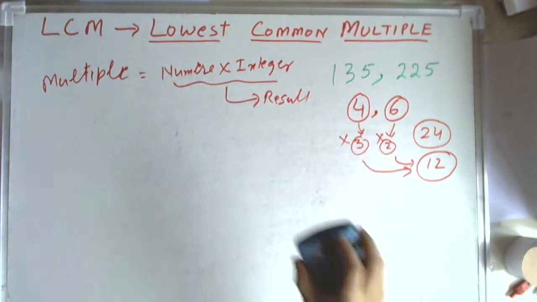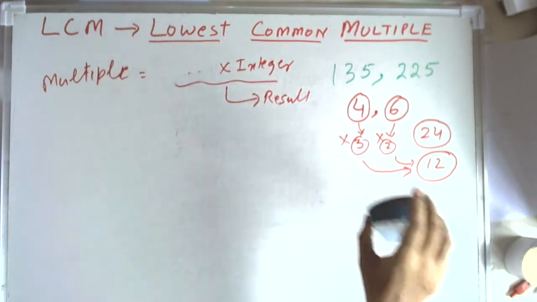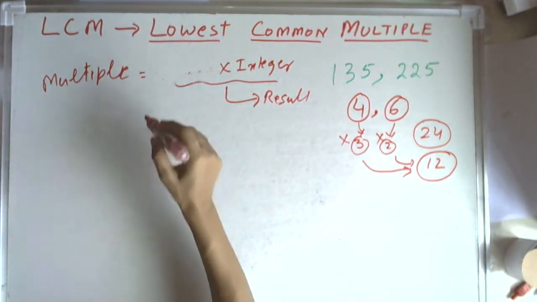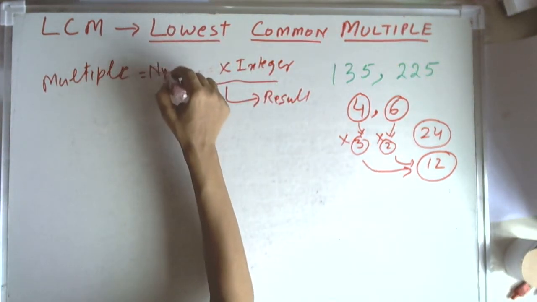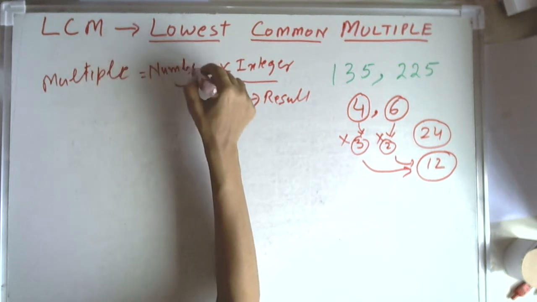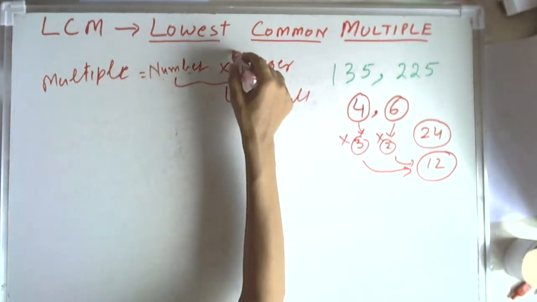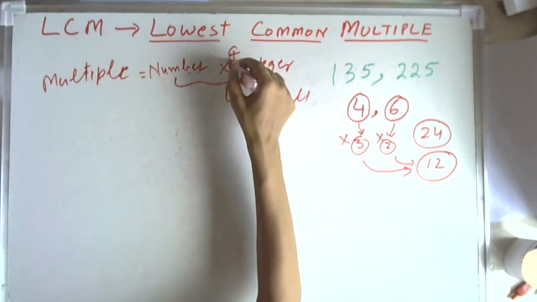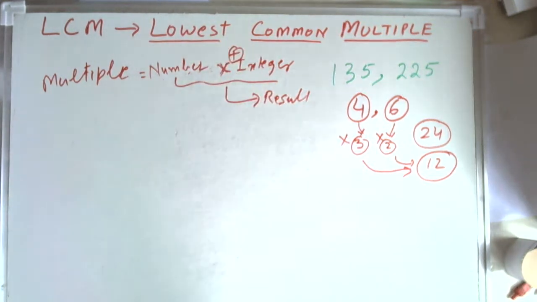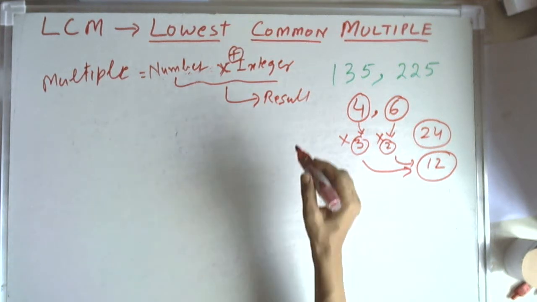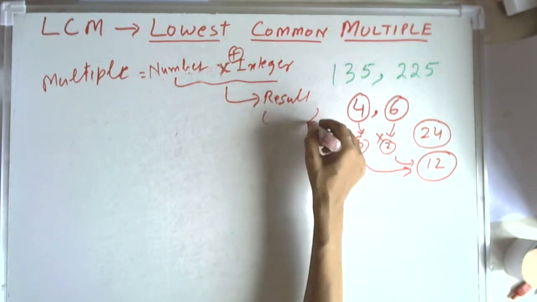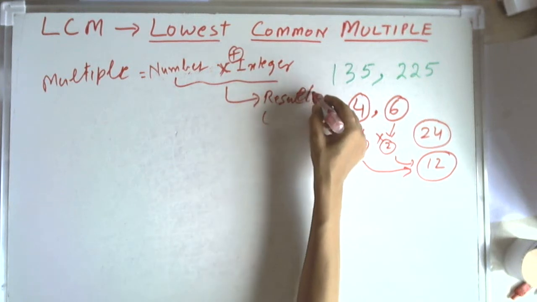So we take the number and we multiply that by an integer, and what we are talking about here is a positive integer. What type of integer? Positive integer. So basically like 1, 2, 3, 4, 5, 6. The result is called a multiple.